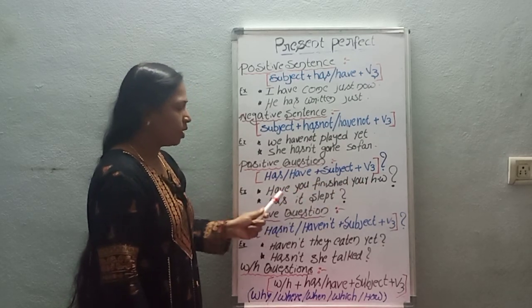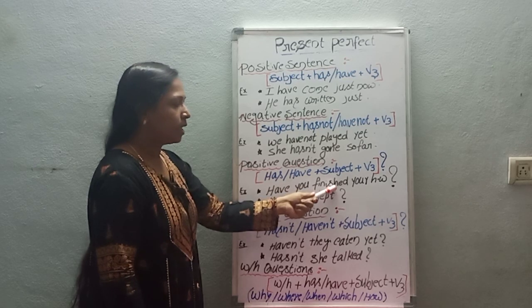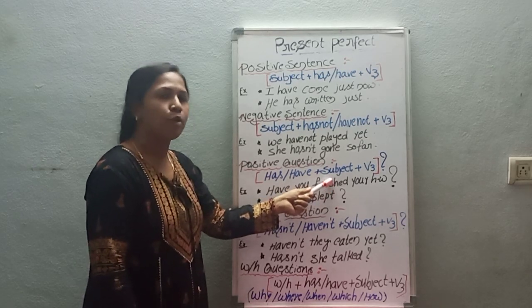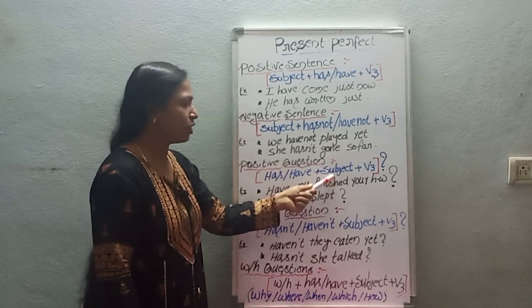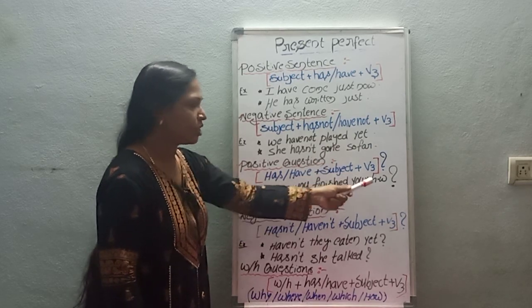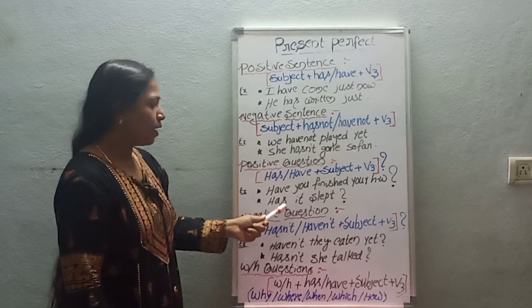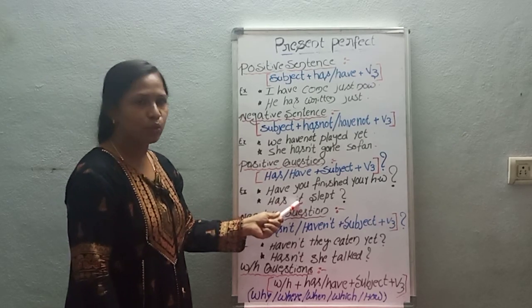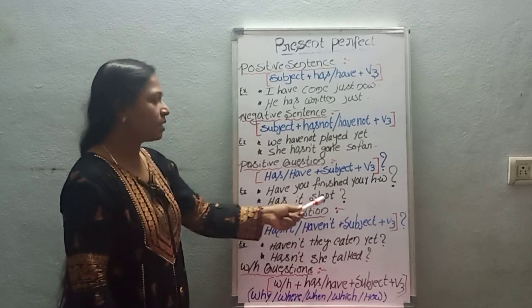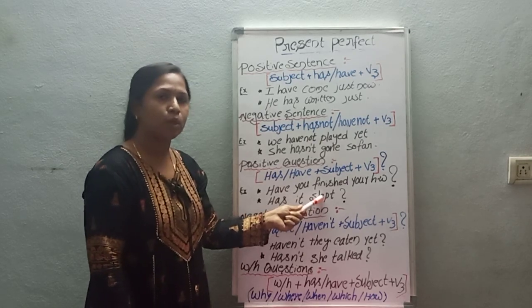Have, subject, and the third form of the verb. Finish, finished, finished, finishing. So have you finished your homework? Has it slept? I used has for the singular noun it. This is the third form of the verb sleep: sleep, slept, slept, sleeping.